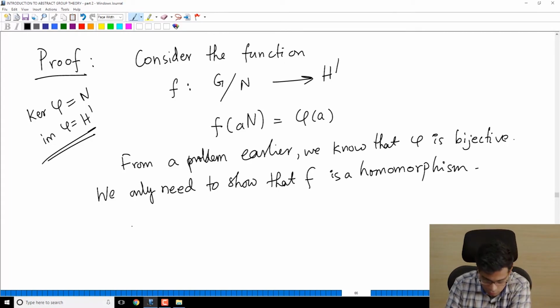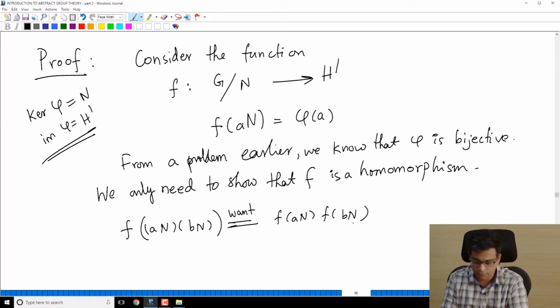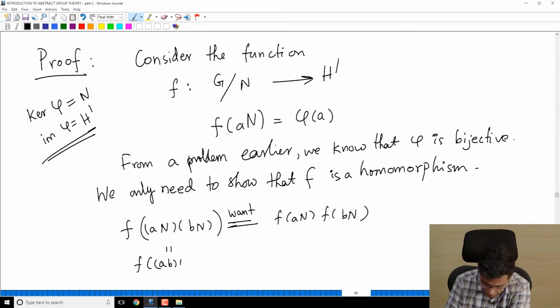What does this mean? In other words, we have to show that f of aN times bN equals f of aN times f of bN. We want to check this. So let's check both sides. What is f of aN times bN? This is same as f of abN, because that's the product in the quotient group: aN times bN is abN. And f of aN is phi of a and f of bN is phi of b.